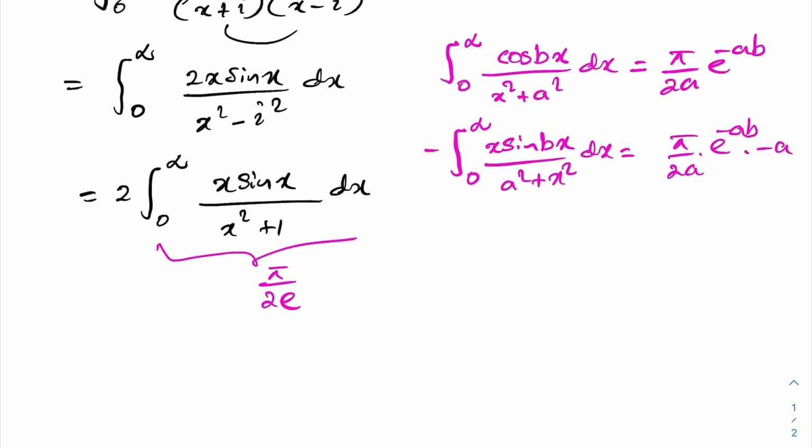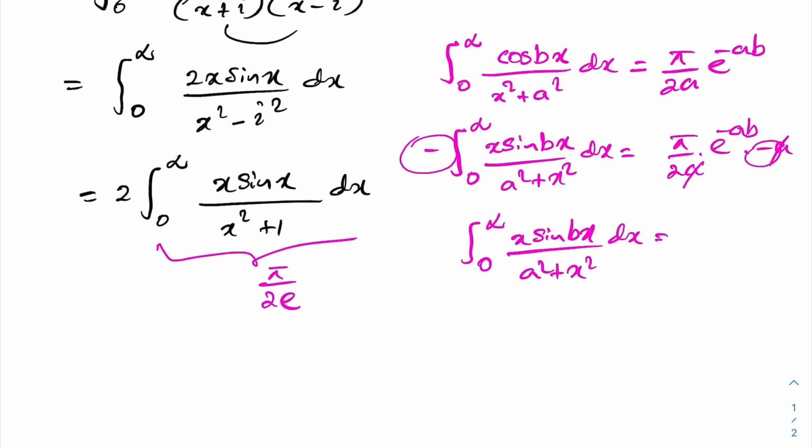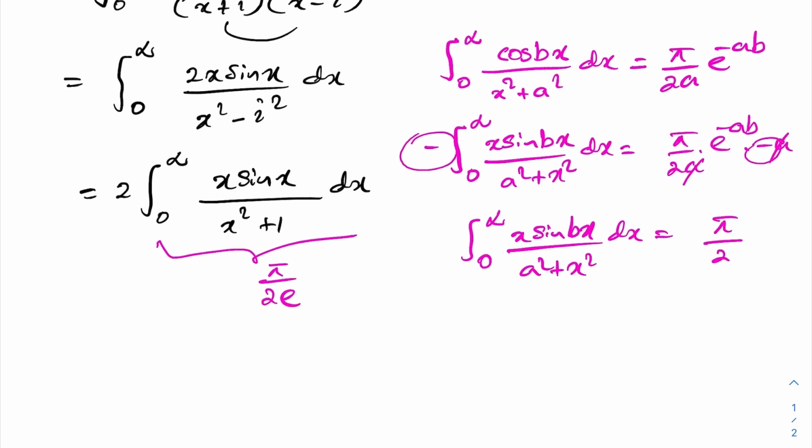So here minus a, now we know a gets cancelled, this minus sign and this minus sign get cancelled. So we have the integral from 0 to infinity of x times sine of bx over a squared plus x squared dx is equal to pi over 2 times e to the minus ab.